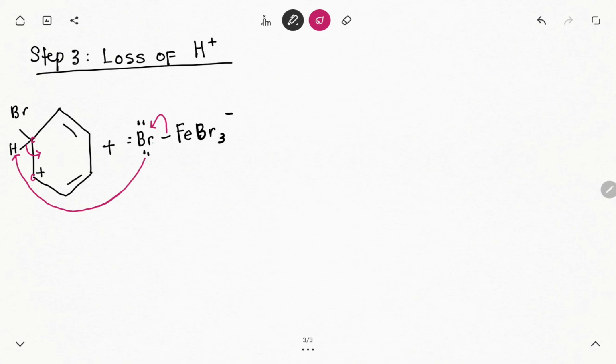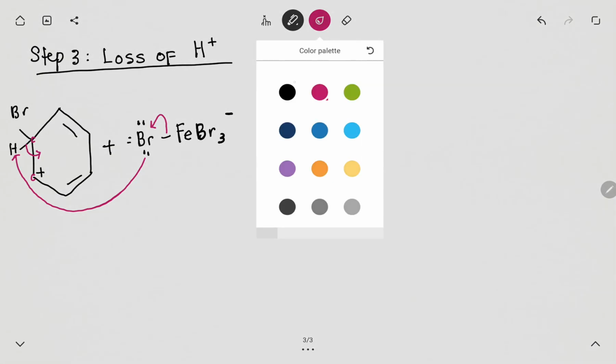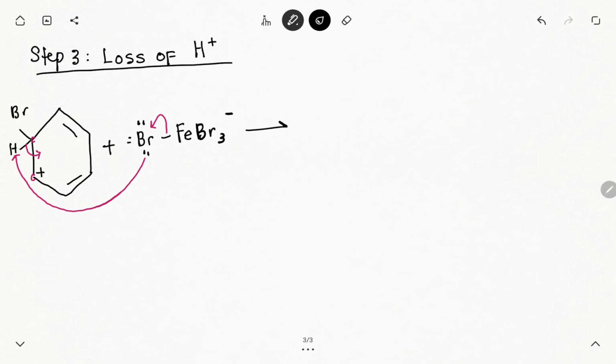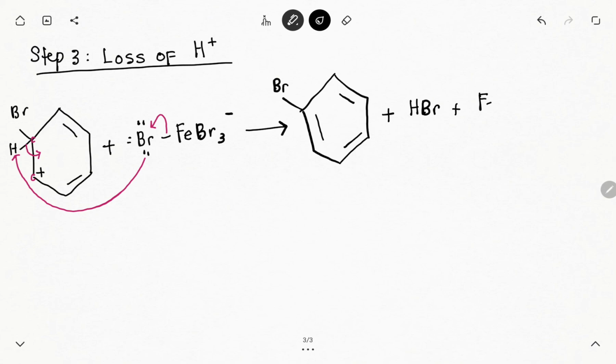The bond between Br and iron breaks, and in the finalized product you produce your target product, bromobenzene. Here we have 2 double bonds, and we add another one, and bromine is already added here. The side product is the molecule HBr, and the remaining FeBr3 forms again.